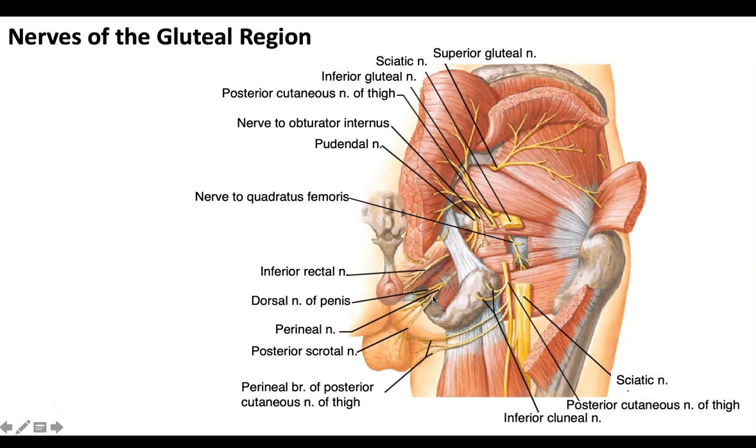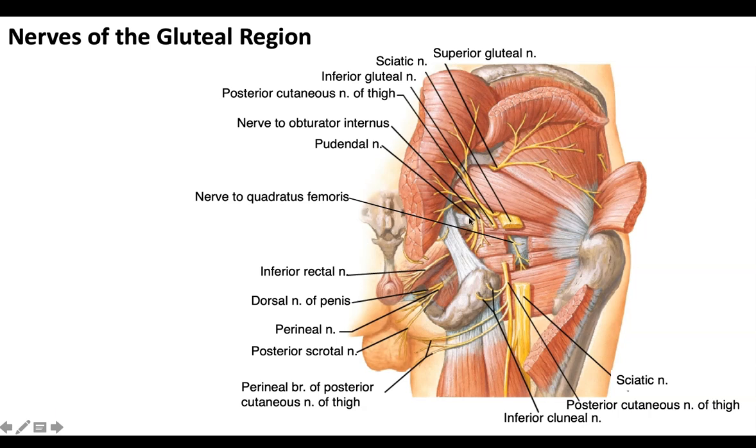In the pudendal canal, the pudendal nerve gives rise to the inferior rectal branches, which supply the external anal sphincter muscle. Then it also gives rise to the perineal branches, the superficial and deep perineal branches, which supply the posterior part of the scrotum and also the perineal muscles.